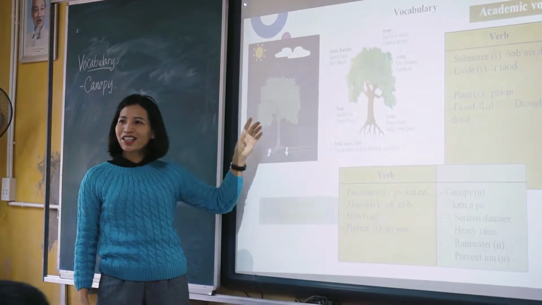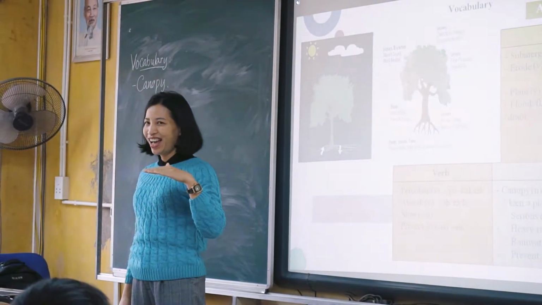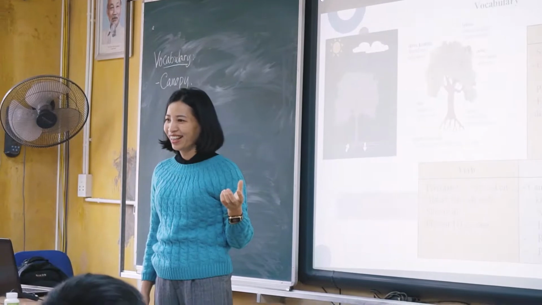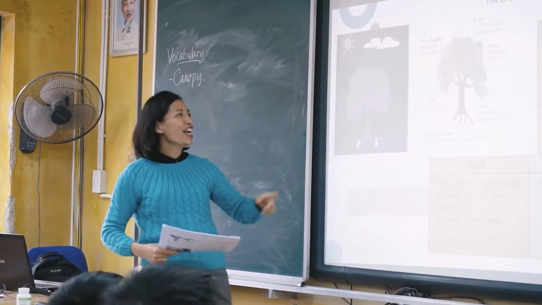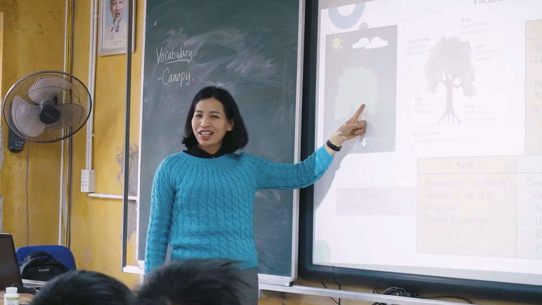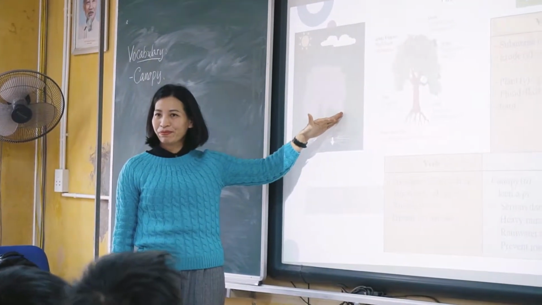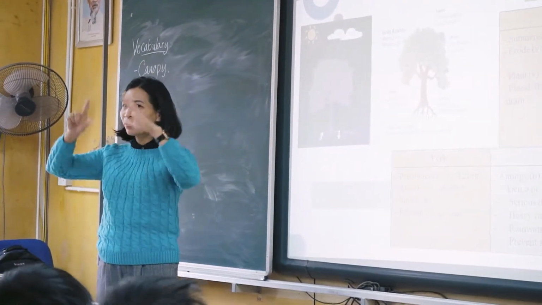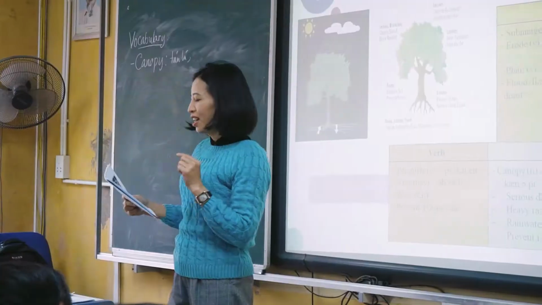Canopy is provide shade. What does this mean, canopy in Vietnamese? Đám lá. And canopy of tree is made by branches and leaf, which spreads out on the top of tree.